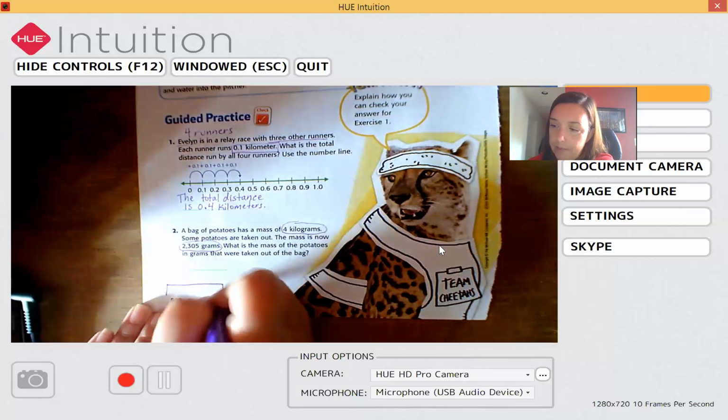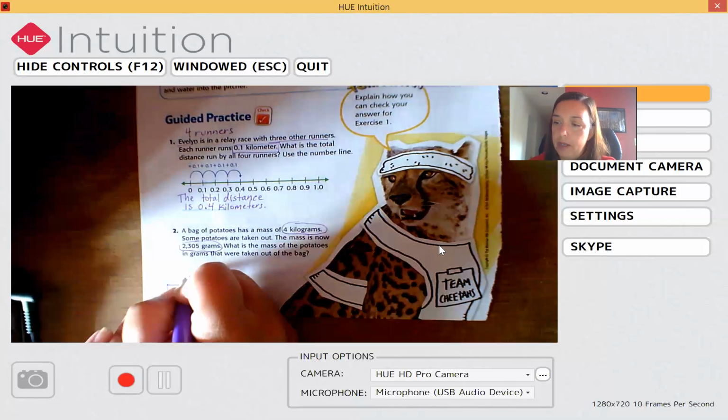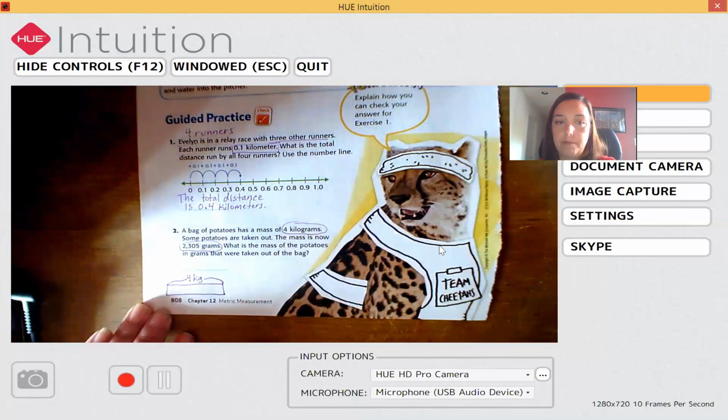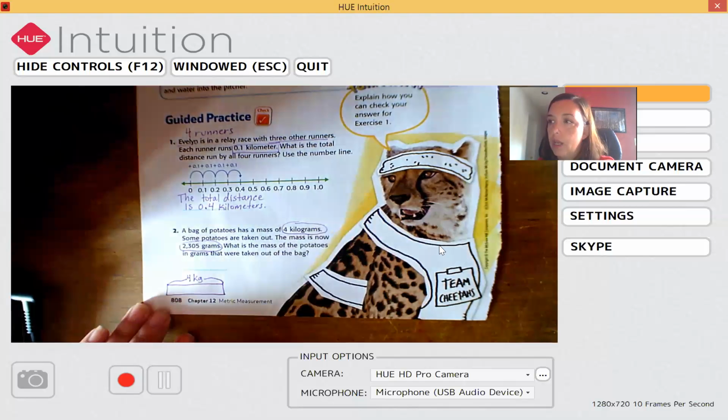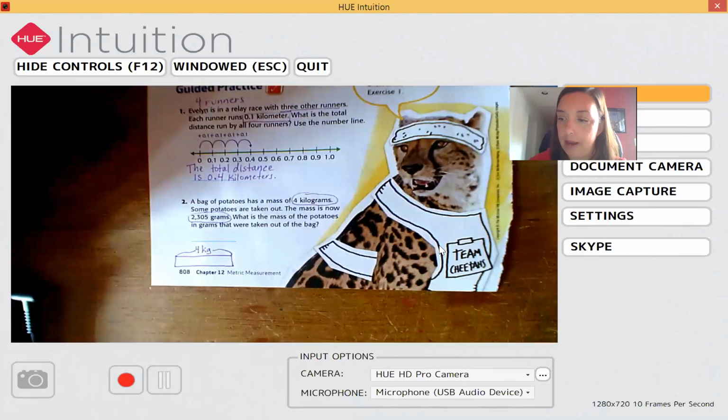Okay, so I'm gonna make a little diagram here. So the whole bag of potatoes started out to be 4 kilograms. So I'm gonna write 4 kg right here. Now, when they took some out of the bag, right?